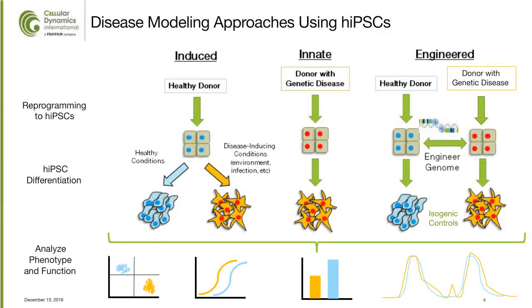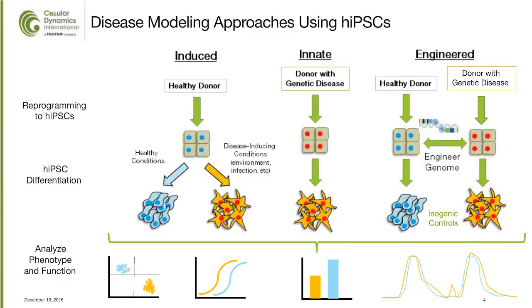I'm just going to revisit this slide for a moment. Dr. Magnan went over some of the engineered examples for some of our neuronal disease models. I'll be focusing on the induced example and an innate example. In the induced example, the iCell cardiomyocytes are exposed to different conditions to really bring out the HCM phenotype.